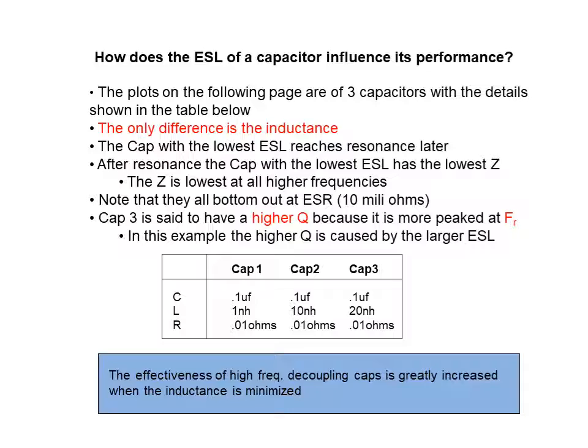These are the same for all three capacitors. The only difference is the inductance: 1 nanohenry, 10 nanohenry and 20 nanohenry. In this case, the capacitor with the lowest ESL, that is 1 nanohenry, will reach resonance later. Then after the resonance, the cap with the lowest ESL has the lowest impedance, and this impedance is the lowest at all the higher frequencies.